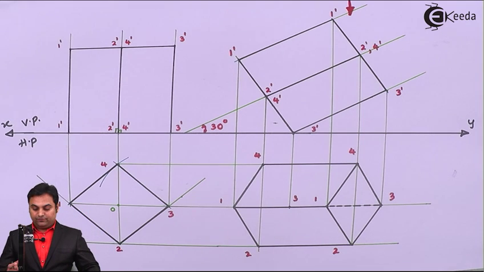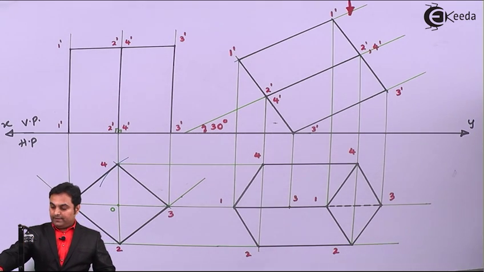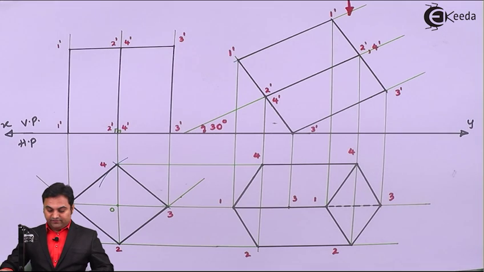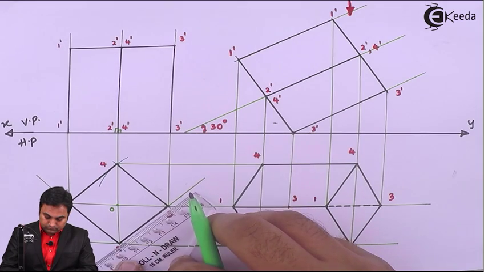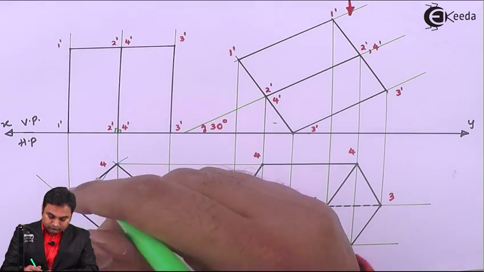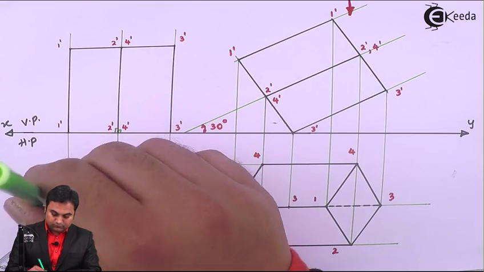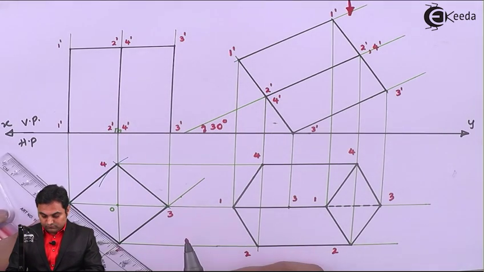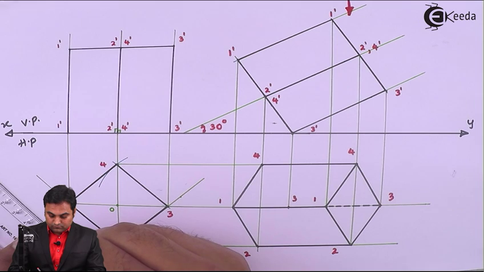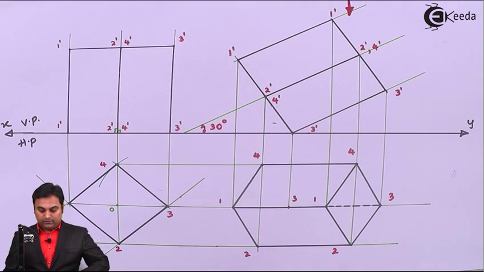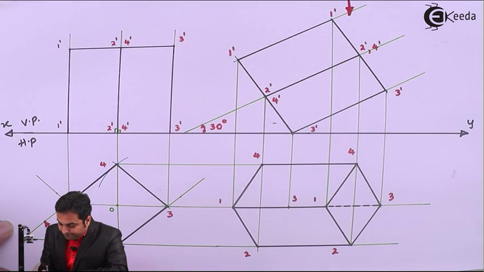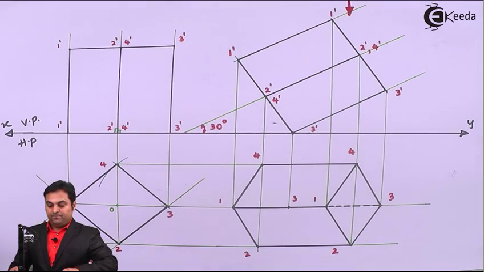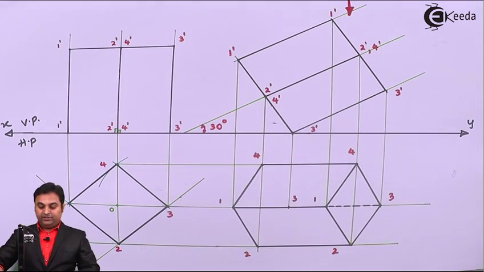Now this is the projection of the square prism, and finally here I'll give the dimensions. The base edges were given as 40 mm, and axis is inclined at 30 degree.